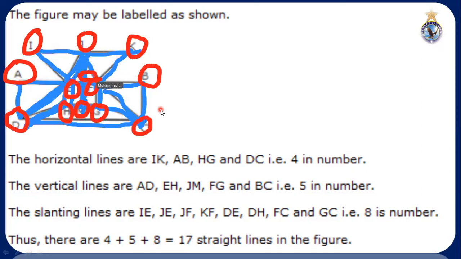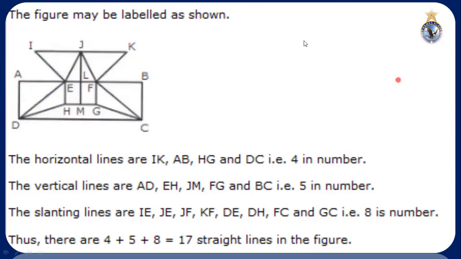That's why your answer was not correct, but we have the correct answer, and I am sure that you got it. Am I right? So you have to label the diagram and then count the horizontal lines, then the vertical lines, then the slanting lines, and then add up how many there were. This is the way. Absolutely right. So you got it. This is the mechanism to find the number of straight lines.